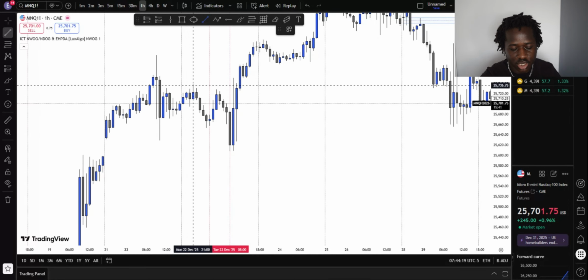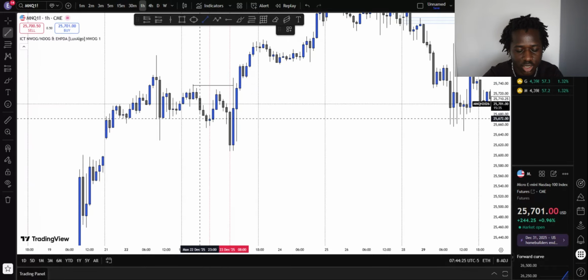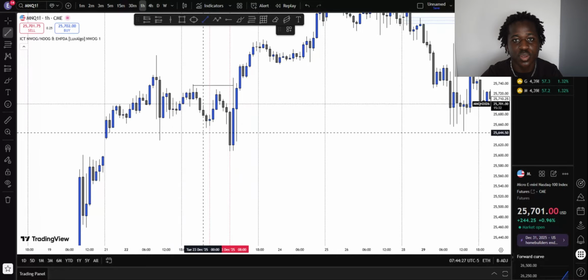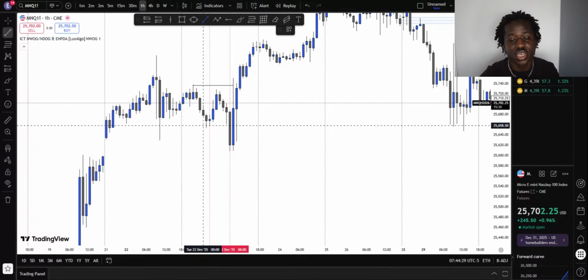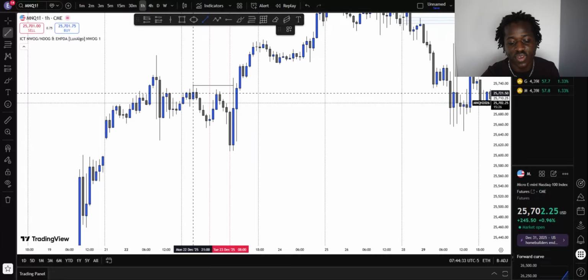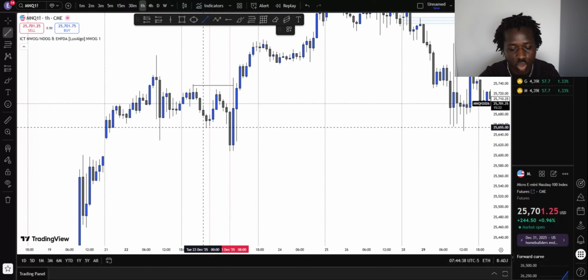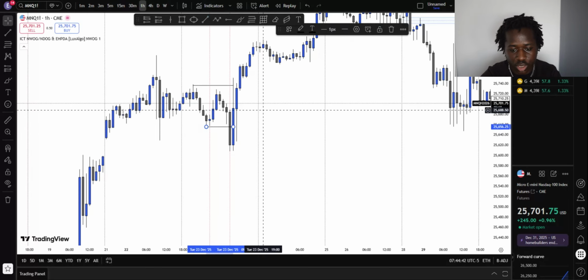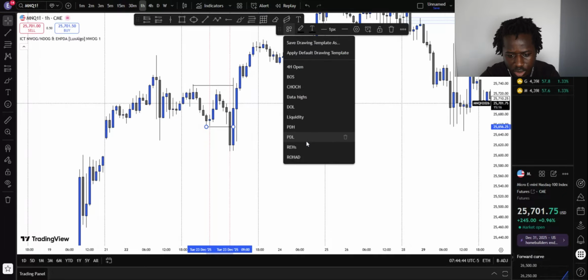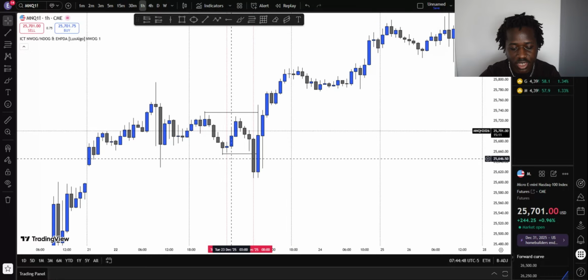This is the Asian session high, and it could be used as a liquidity pool because people who may have traded during the Asian session could have their stop losses above the highs of the Asian session or below the lows of the Asian session. So here is the low of the Asian session. Okay, but yeah, this is the low of the Asian session.